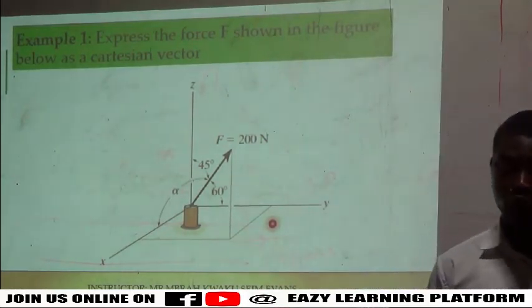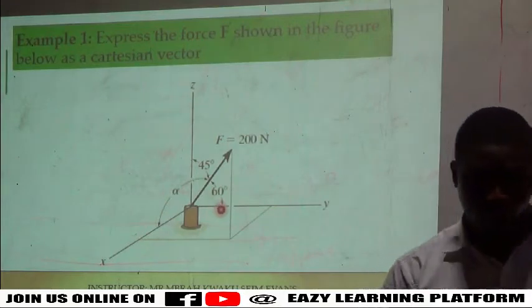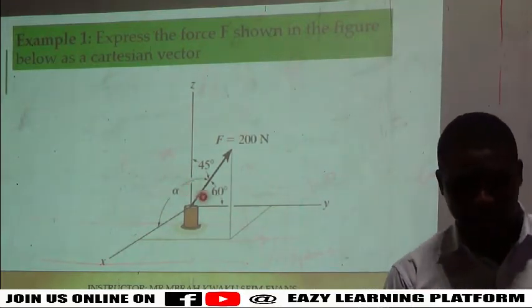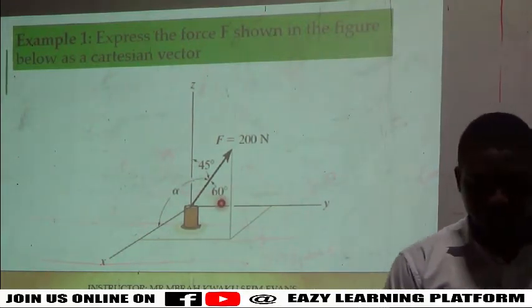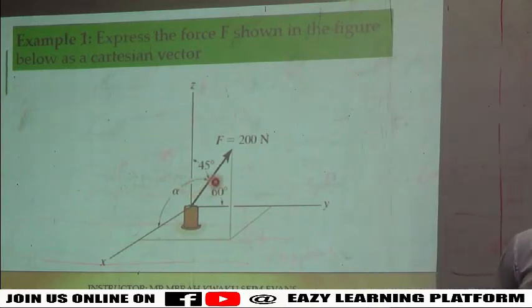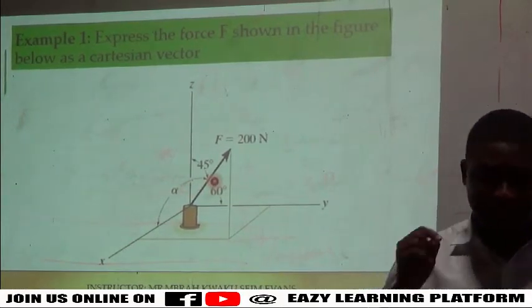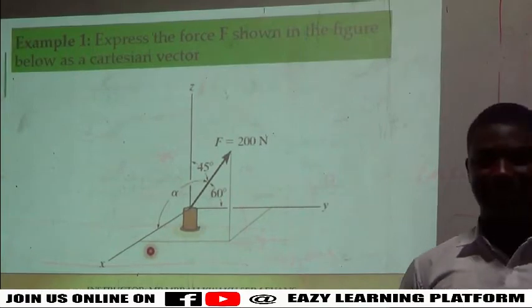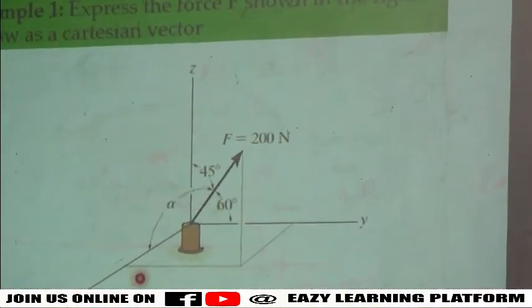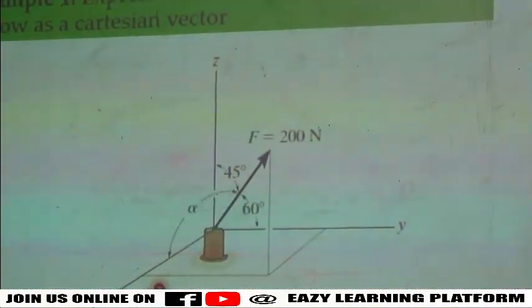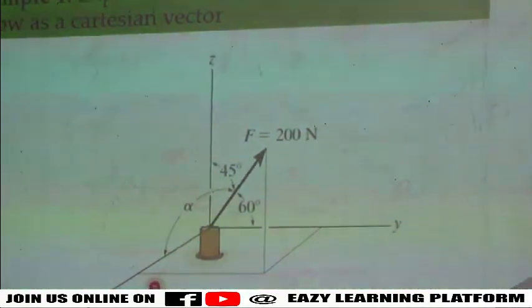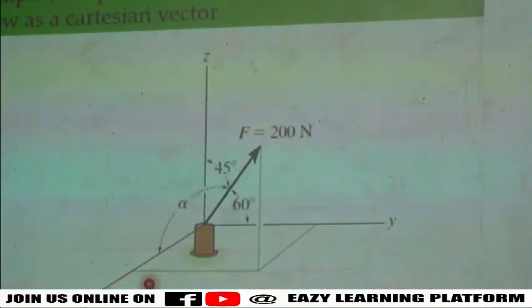Now, what is the approach? We know theta y. We know theta z. But we don't know theta x. So we need to first find theta x. How would you find theta x?